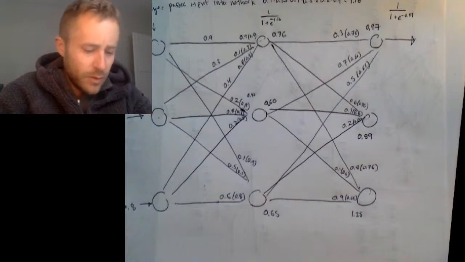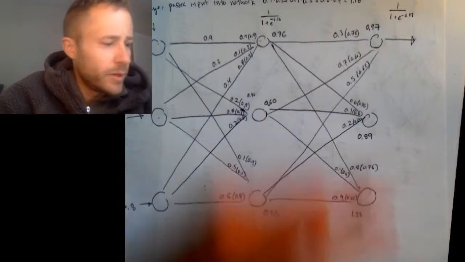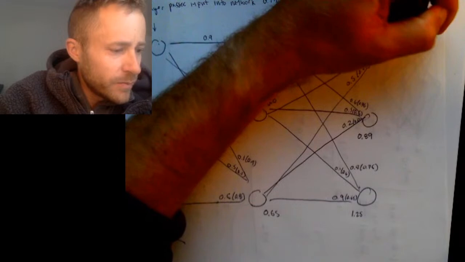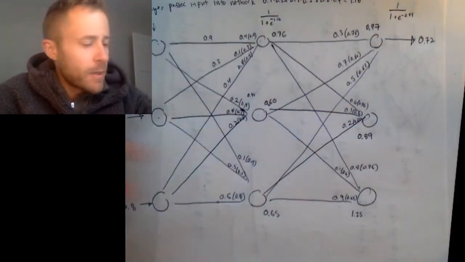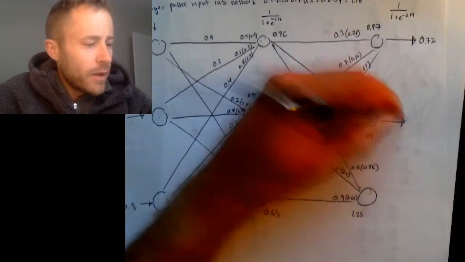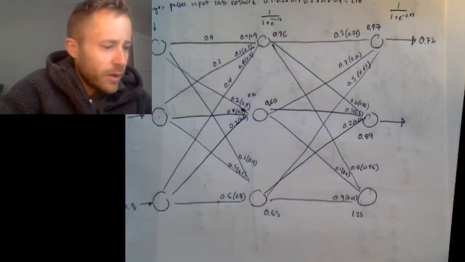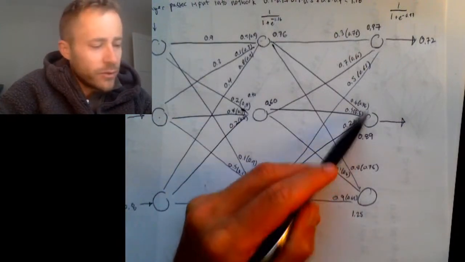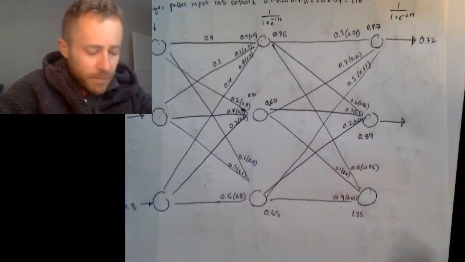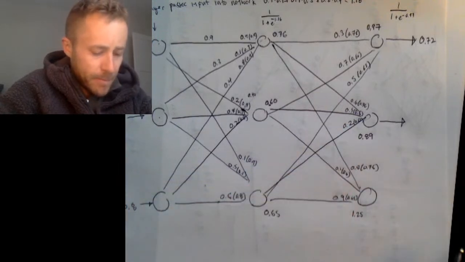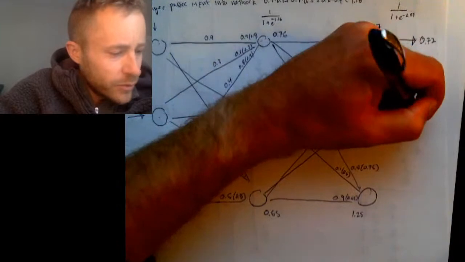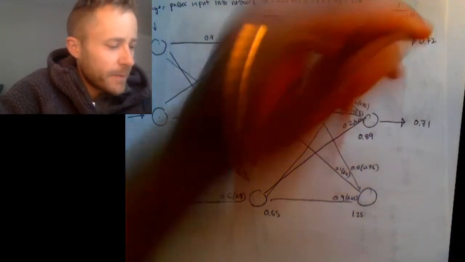That gives me 0.72 as this output. And then for this neuron, I have an input of 0.89. So this one has an output of 0.71.